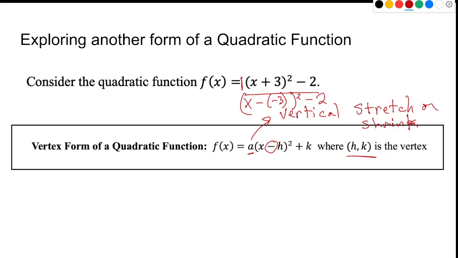And now I know the vertex is -3, -2. If I had another one that was, say, x minus 4 squared, well, it's got to be the opposite of the sign, right? So the vertex is going to be at +4, and whatever y value is out here, if this is, say, +2, then it would be at 4, 2.